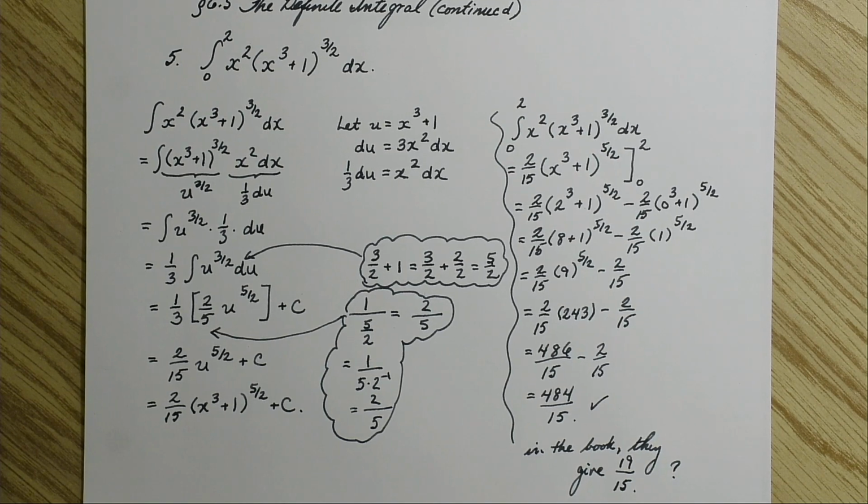Hopefully that's what you got. It was 484 over 15, and if you got the answer in the back of the book, which was 19 over 15, it's wrong. I'd like to know how you got it, because maybe they made the same error when they were doing the answer at the back of the book as well.